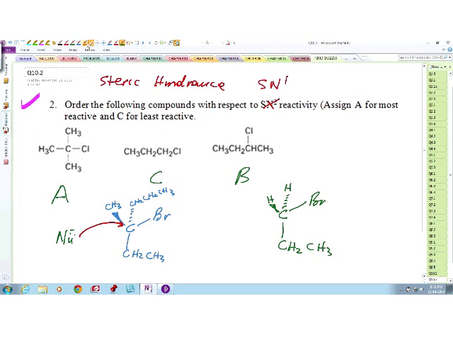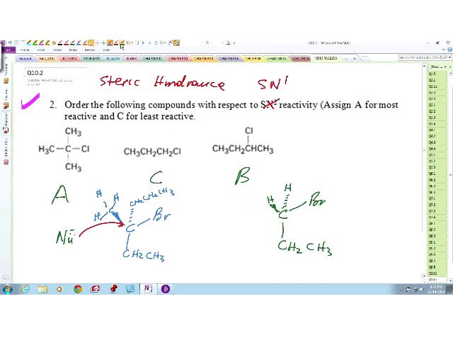Don't forget the alkyl group. Let me actually do a little better than that. The alkyl group will look like this. So you have all of these. The alkyl group is much bigger than the regular hydrogen atom. The same thing on this carbon here. So therefore, the approach of this nucleophile to this carbon will be hindered. And that is why we say steric hindrance, okay?